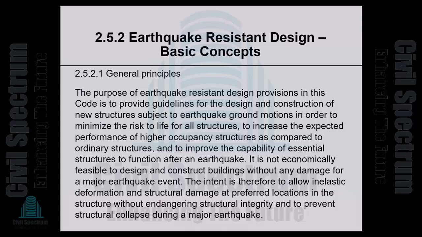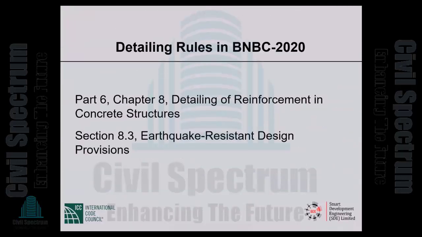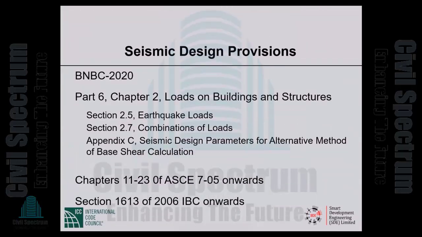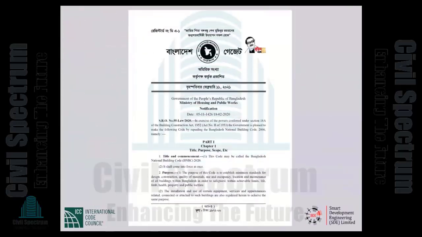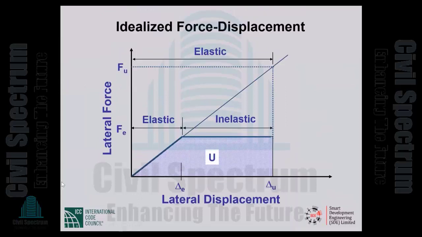The intent is therefore to allow inelastic deformation and structural damage at preferred locations within the structure without endangering structural integrity and to prevent structural collapse during a major earthquake. Okay, so this says precisely what I was trying to show you through this picture.